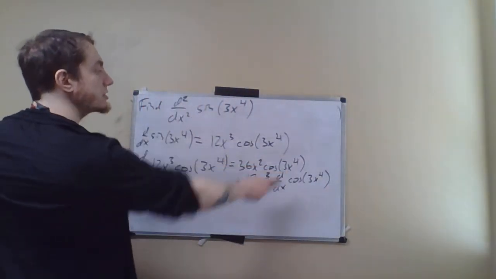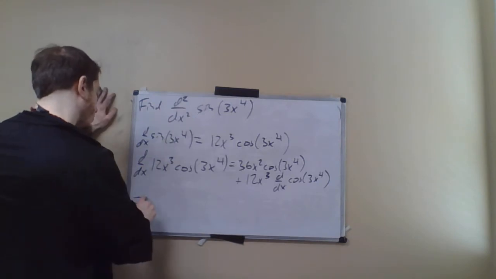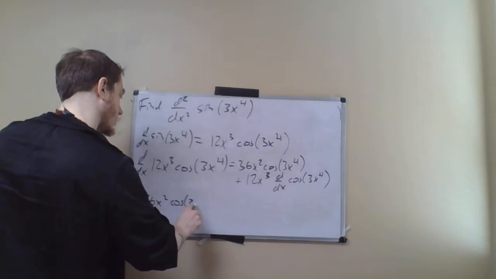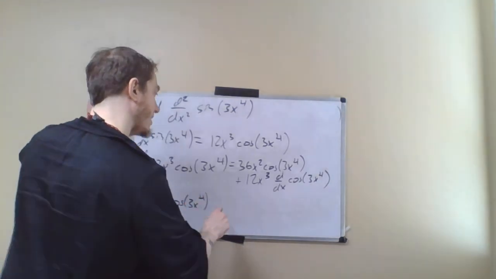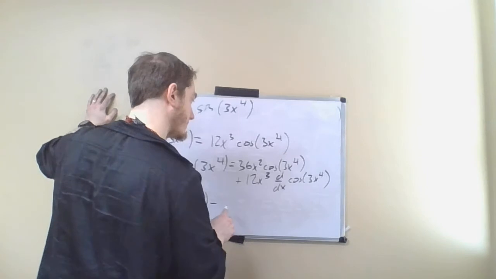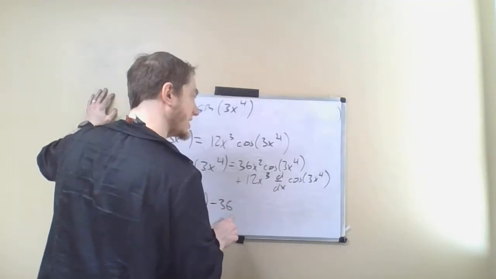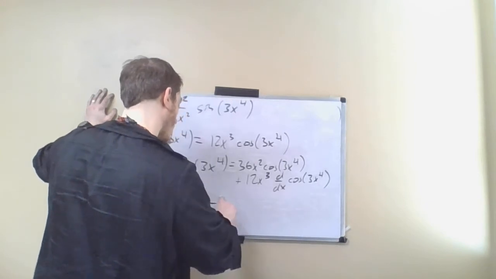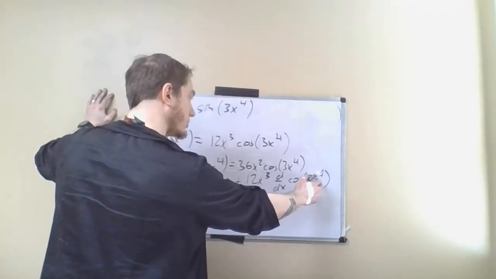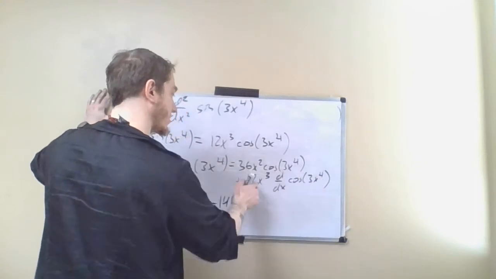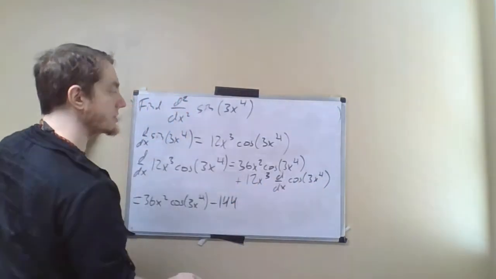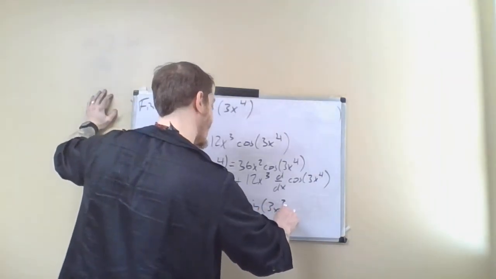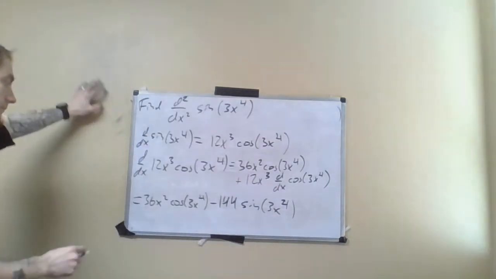Well, now I just need to do this derivative by using the chain rule again. So we're going to have 36x squared cosine 3x to the fourth, and then we're going to have minus 144, because we're going to multiply by another 12x cubed here, and we get a negative because the derivative of cosine is negative sine, and then we have 3x to the fourth inside of it.